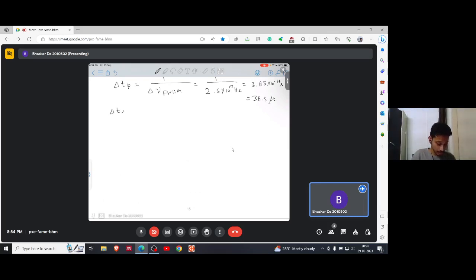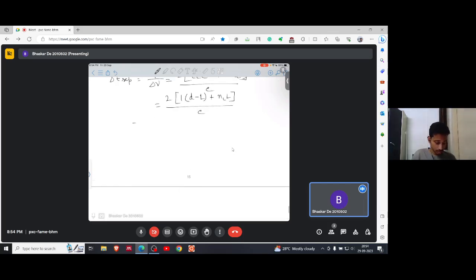And delta T shape is 1 by delta nu, which is 2 eta C D minus L plus eta LL by C, which will be 1 D minus L plus eta LL by C.